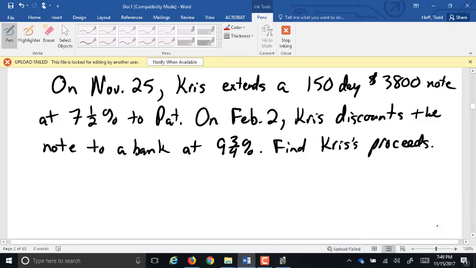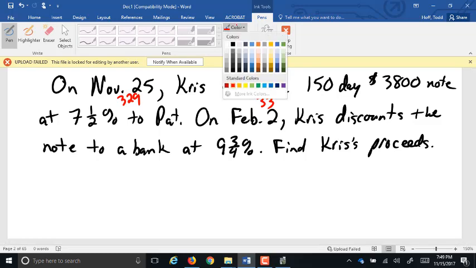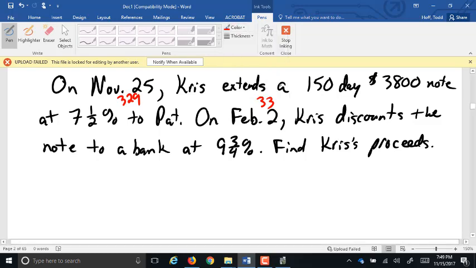So let's look at the calendar. November 25th is day 329. February 2nd is, of course, day 33, correct? So we need to find the maturity value of the original note.